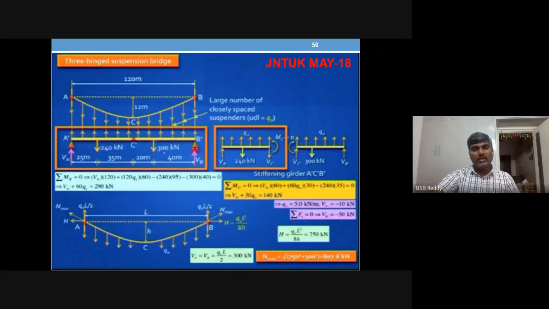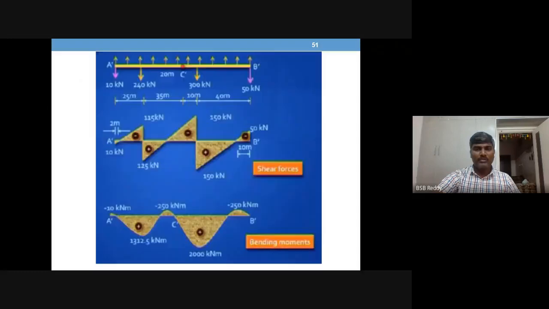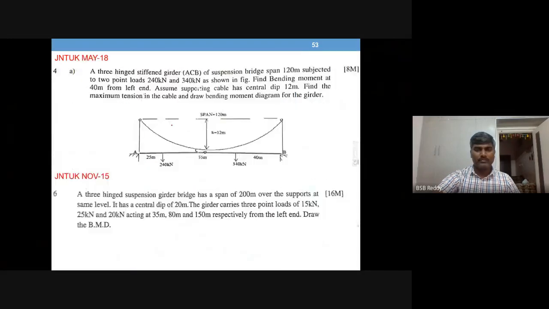These are the free body diagrams already drawn for the corresponding problem. We have separated the cable.